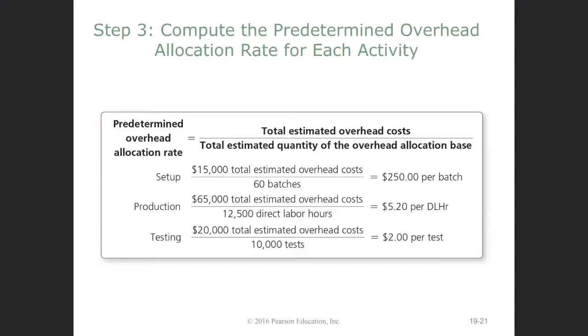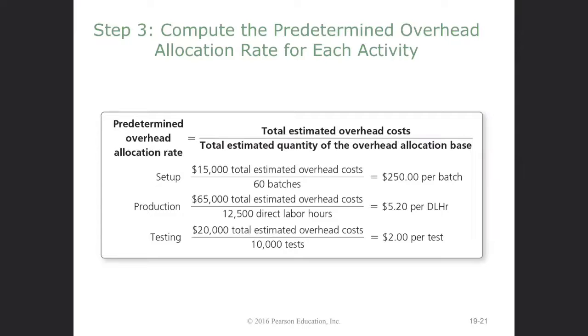So now that we have our allocation bases, we can plug those in. To determine the predetermined overhead allocation rate, for setup, we took the 15,000 total estimated overhead cost divided by 60 batches. That was the total of standard and premium. And that gave us $250 per batch. Production, we took 65,000 total estimated overhead cost.